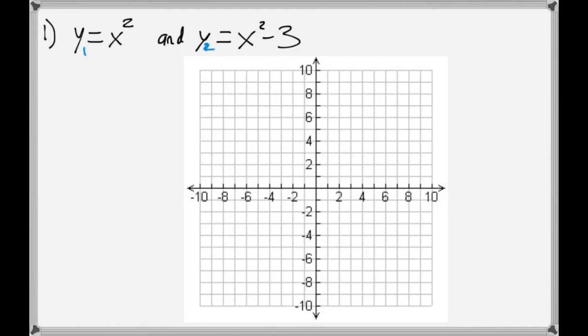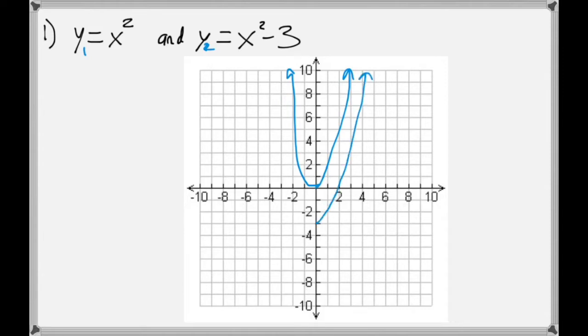Your graph doesn't need to be perfect when you're graphing these. As long as it's close, that's all that matters. My first one looks like a parabola, like that. And my second one is basically the same parabola, only it's shifted down.